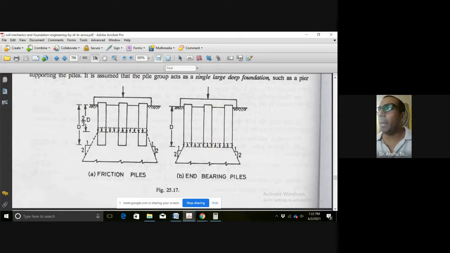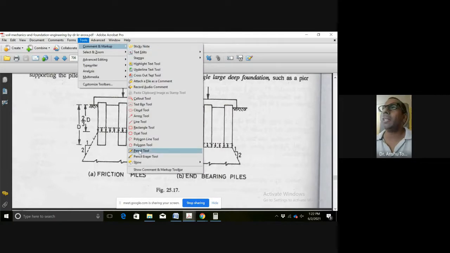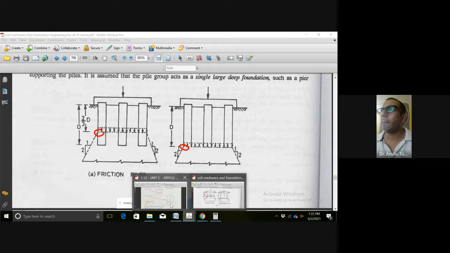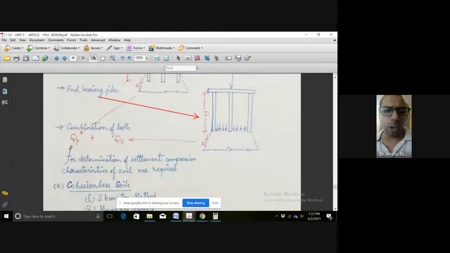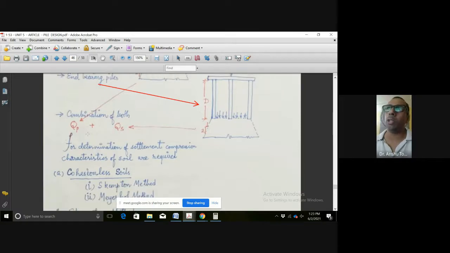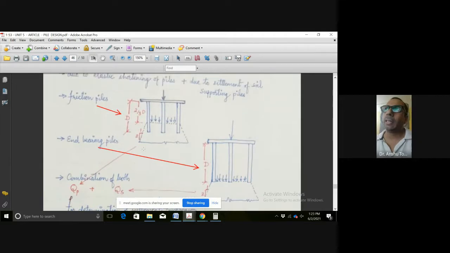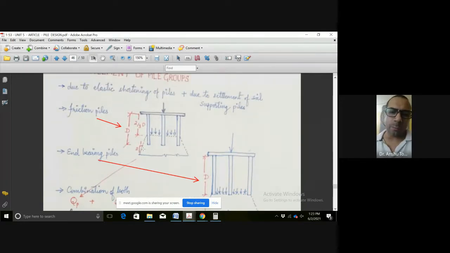If it is end bearing, then at the bottom it will start dispersing out. In the case of friction piles, it disperses from here. But in the case of a combination of both, as we are doing in the preceding sections, it is going to be a combination of both, from here and here. So we will be calculating the total settlement based upon both actions.